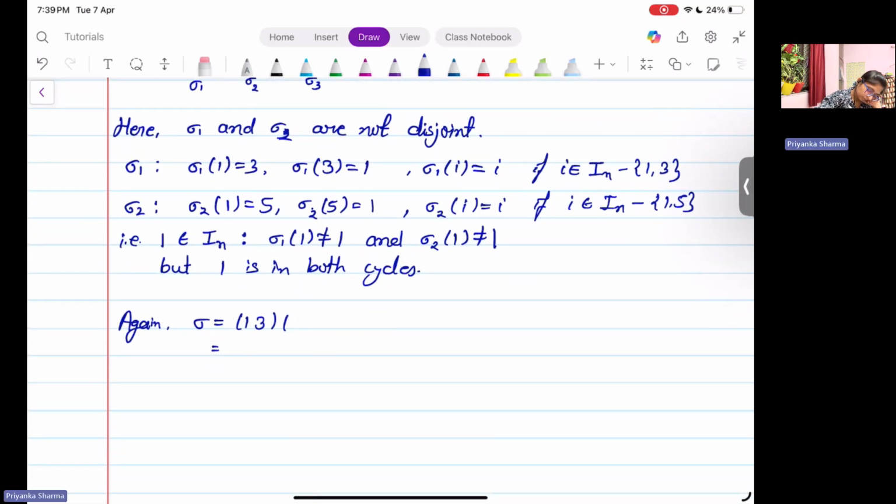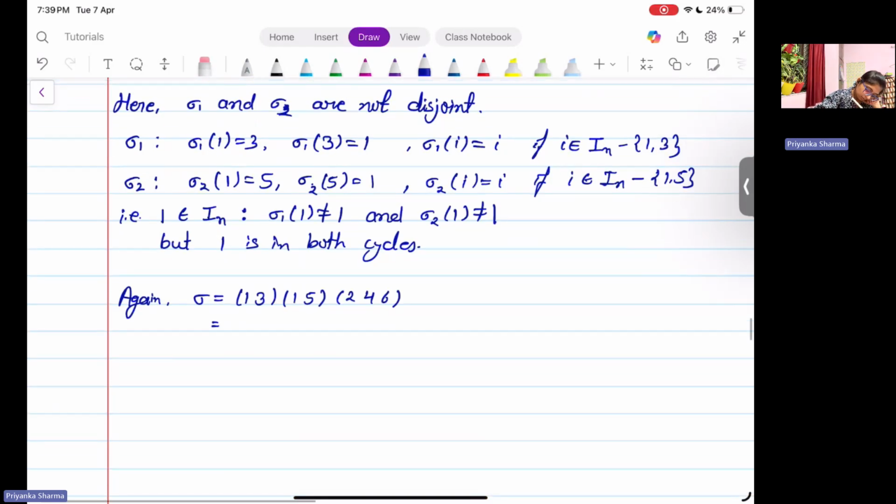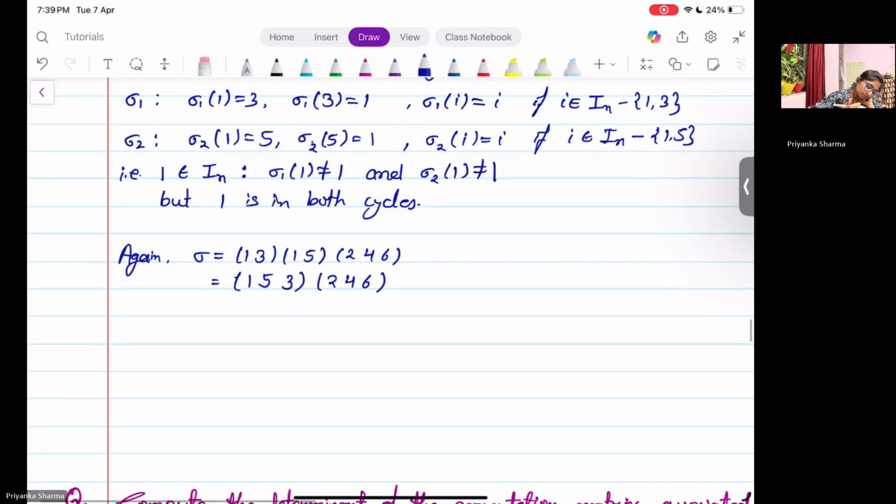Okay, so this is (1 5)(2 4 6). So this can be written as (1 5 3)(2 4 6).